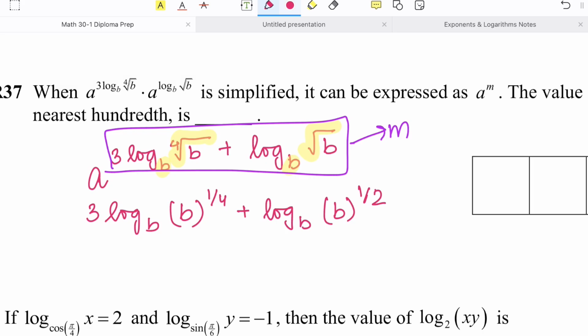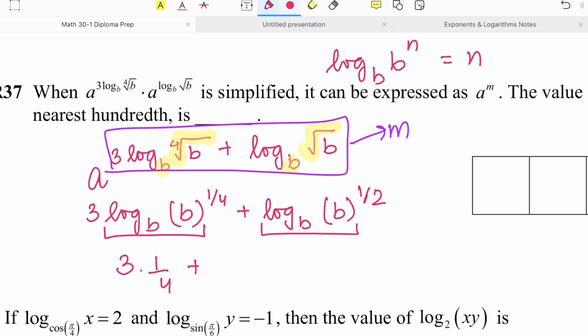So, if you remember the rule in which they said log base b of b to the power of n will just be n, we're just going to use that and get rid of this. So 3 times 1/4 plus half is going to be 3/4 plus half, which is 3/4 plus 2 over 4, which is 5/4.